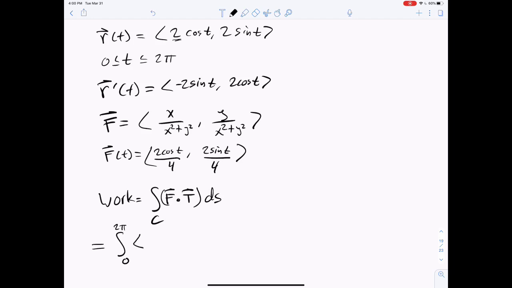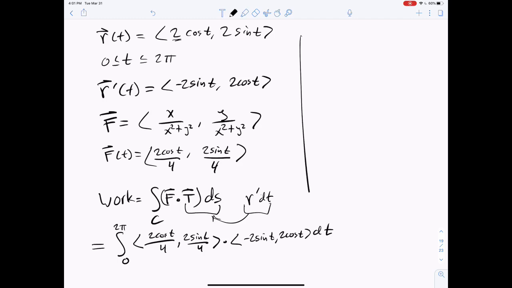F would be, well, we just had this, 2 cosine of t over 4, 2 sine of t over 4. And then T ds, remember, turns out to be r prime dt, and we just computed r prime. That's negative 2 sine of t, 2 cosine of t, dt.